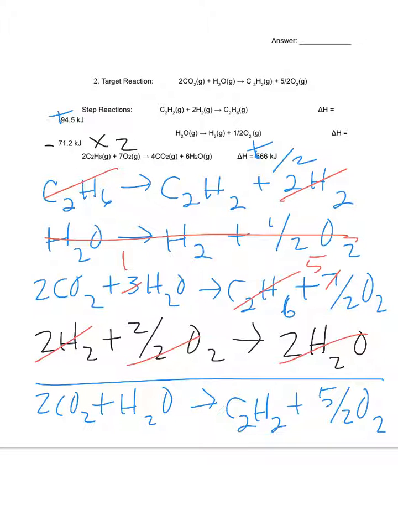So now we have the reaction that we need, and we have flipped all of our signs, we have divided, we have multiplied. Now we just need to combine everything. And we will have our overall delta H.